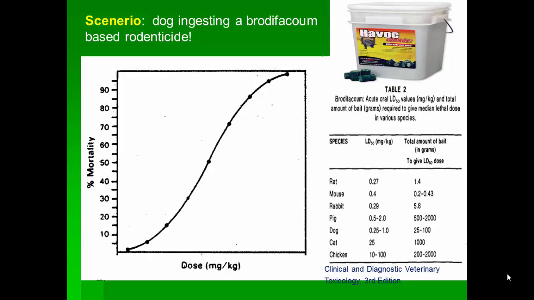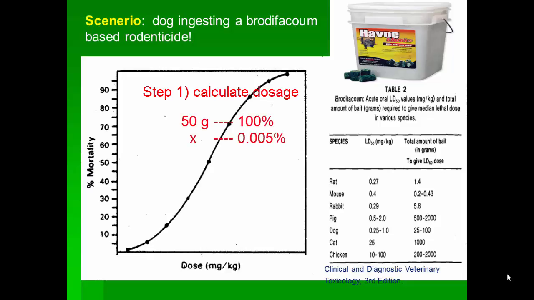So the first thing that we should do will always be to calculate the dose ingested on a milligram per kilogram basis. Obviously, we need to know how many blocks of the bait were ingested and the body weight of the animal. Let's assume we have a 10 kilogram dog that ingested just one block that weighs 50 grams.